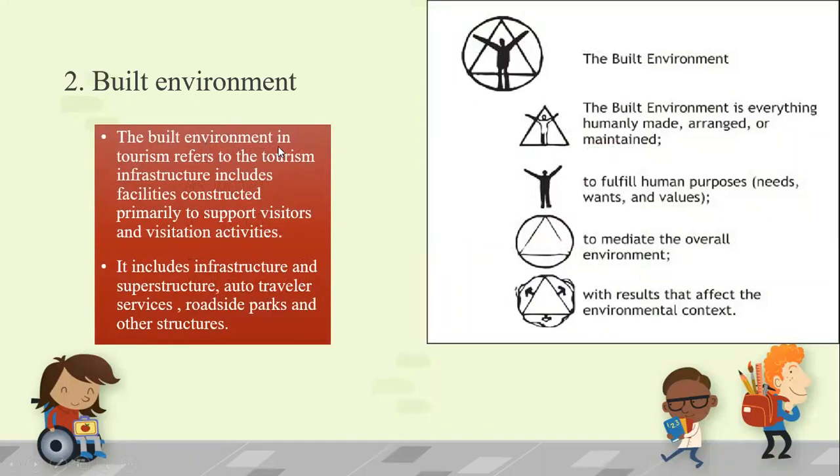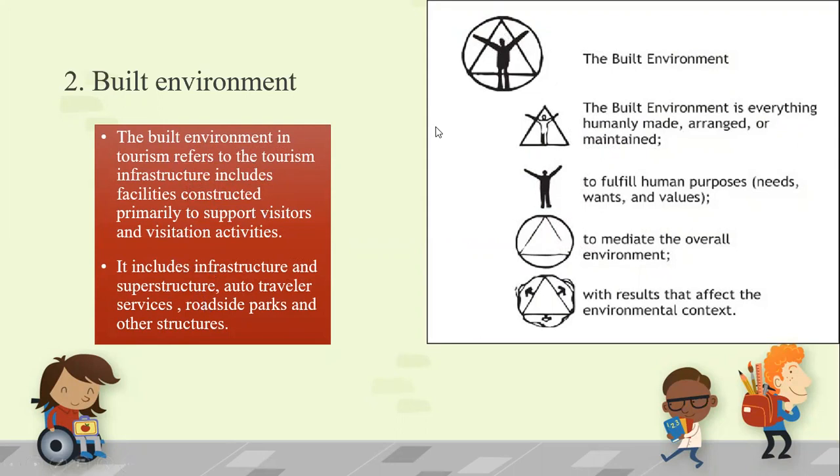The built environment in tourism refers to the tourism infrastructure, which includes facilities constructed primarily to support visitors and visitation activities. This built environment includes infrastructure, superstructure, auto traveler services, roadside parks, and other structures.